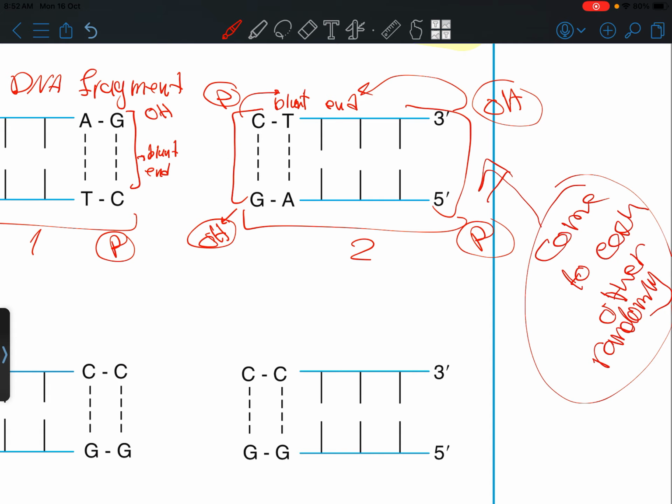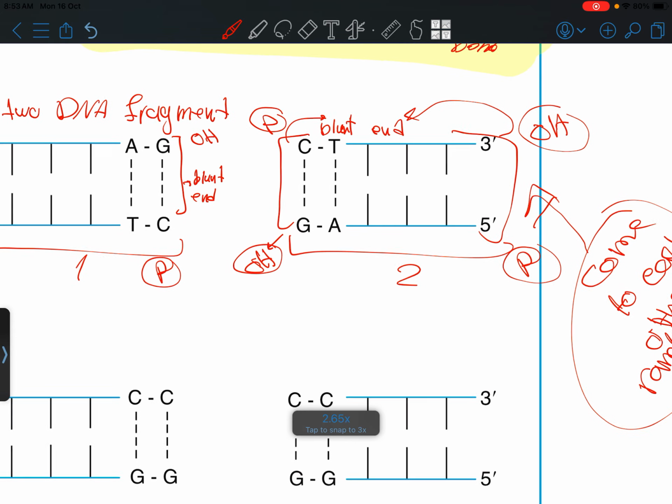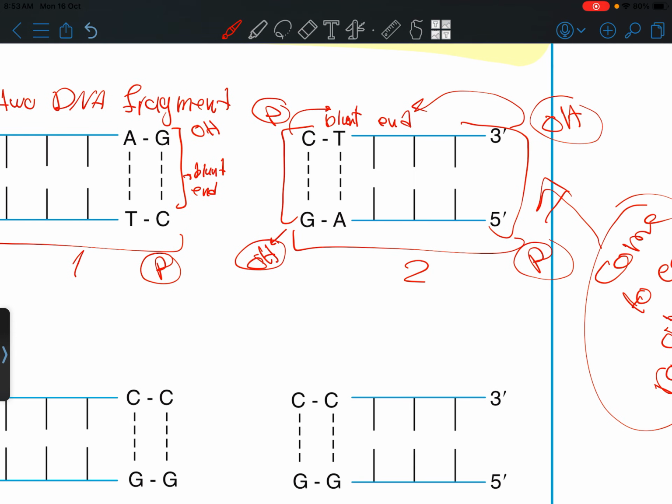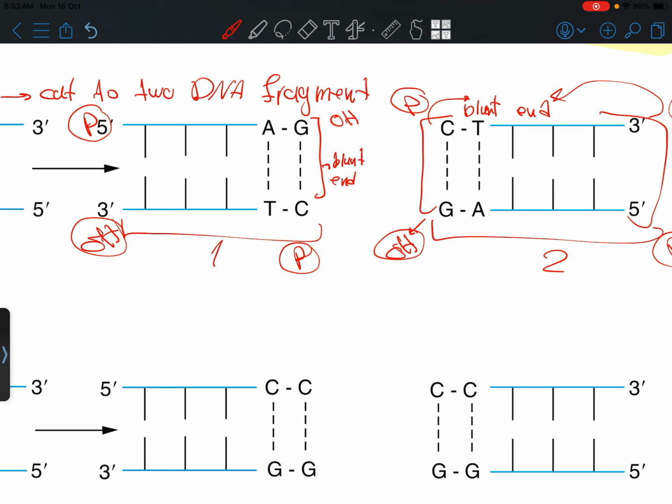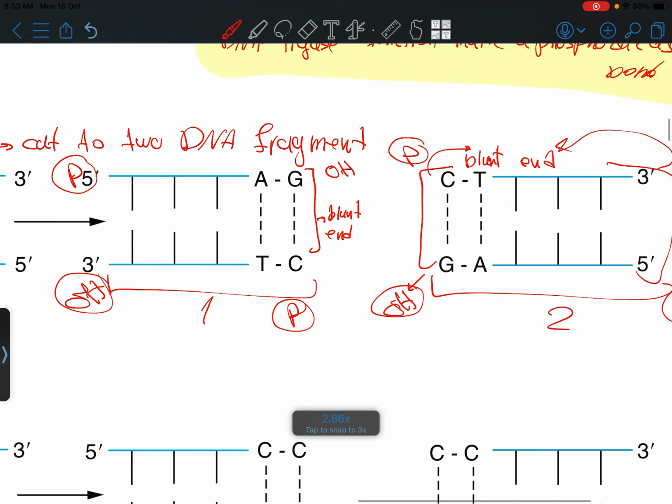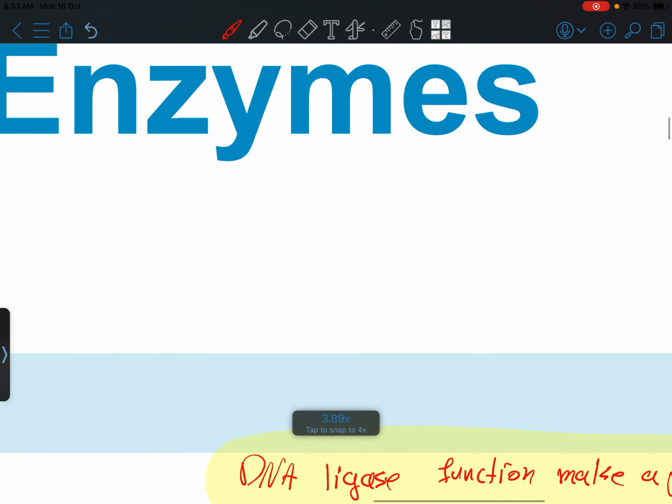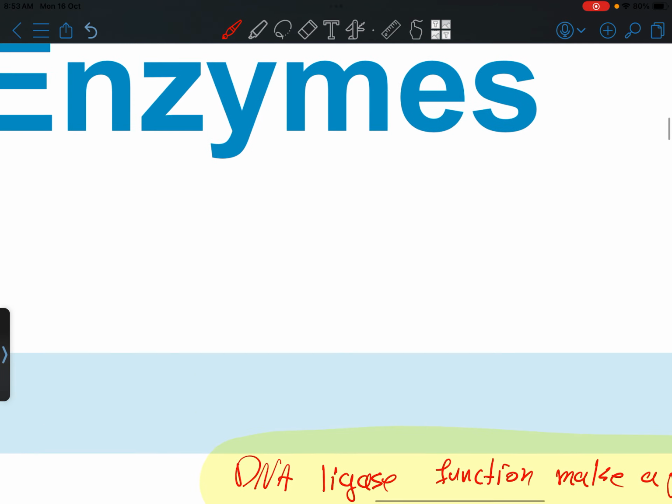Two different fragments. Yes, both. So here you could say the results would be fragment 1 connected to fragment 2, or 2 connected to fragment 1.